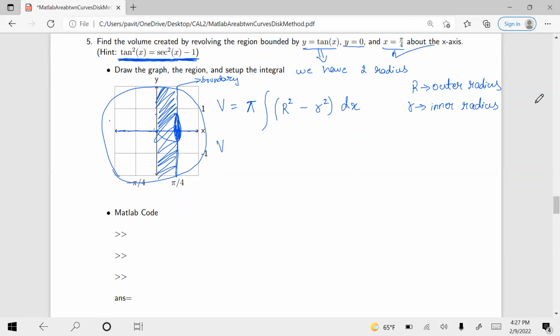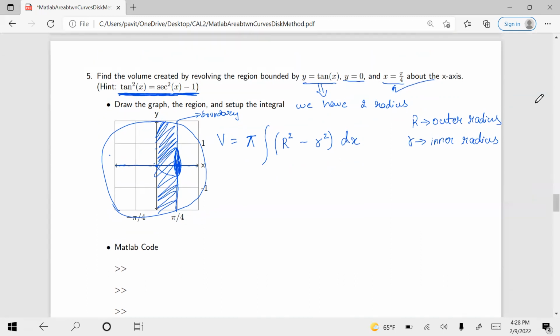Fine. So V is equal to pi integration. Oops, I forgot to write the limits. Anyone, what might be the limits from the graph? Let me erase this.